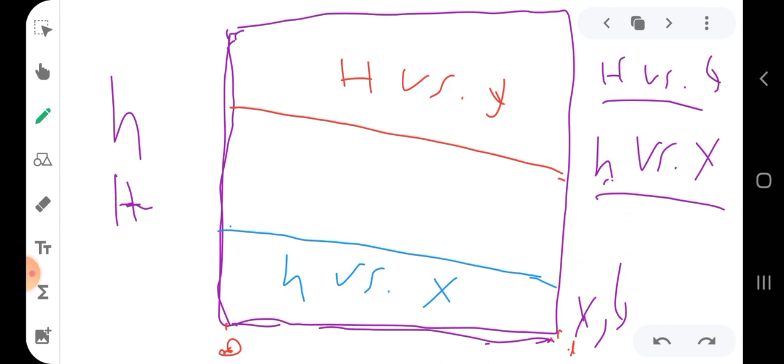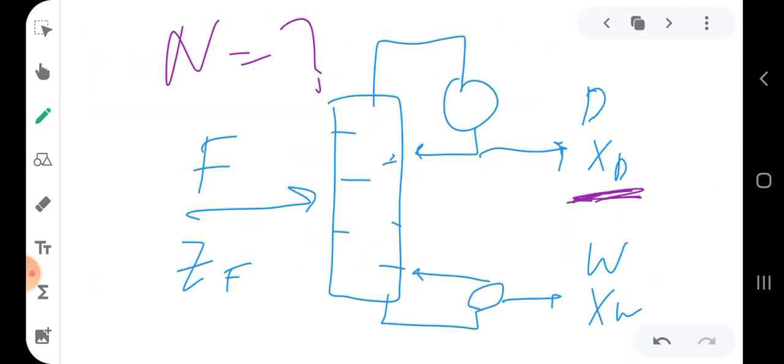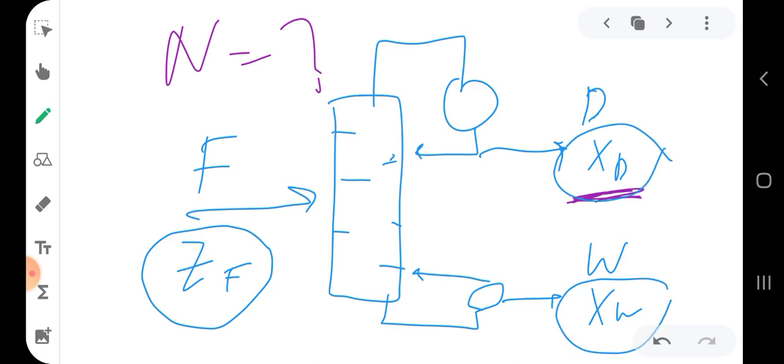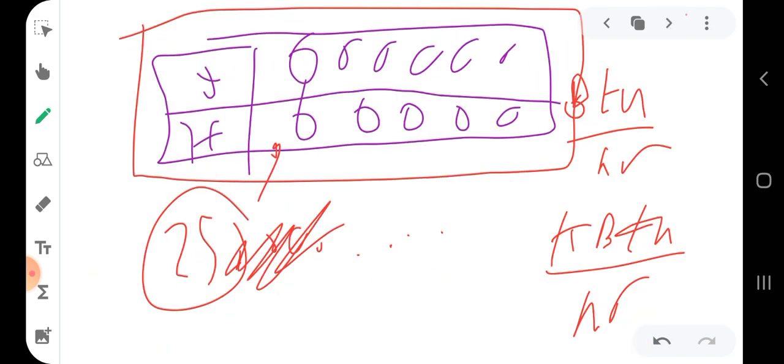Now the second step is you need to locate your composition points in this column, so you need to locate your ZF, your XD, and your XW.